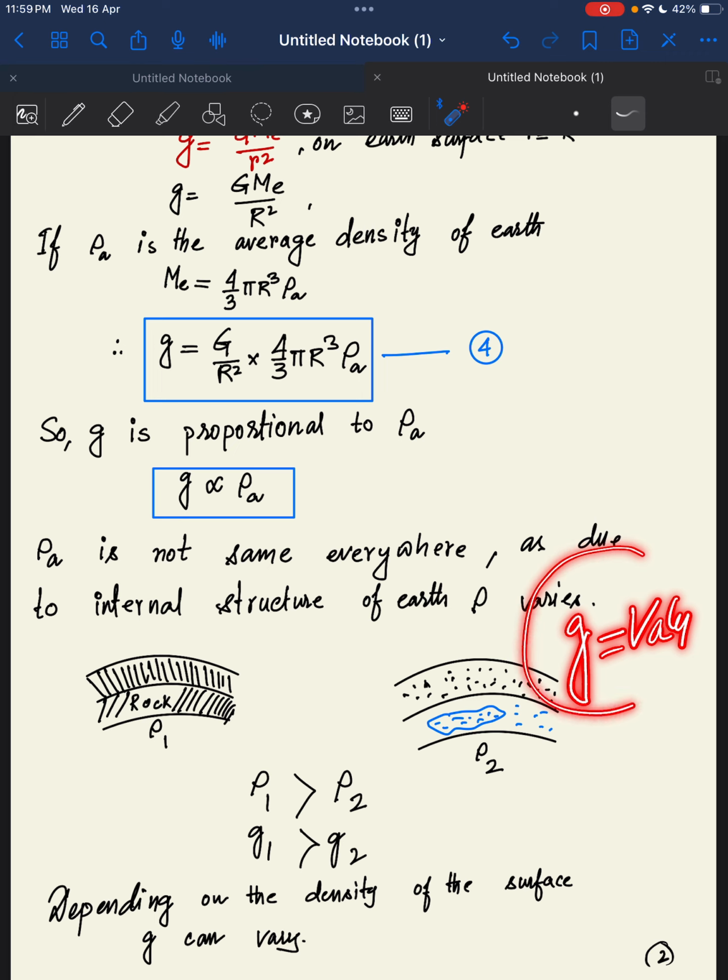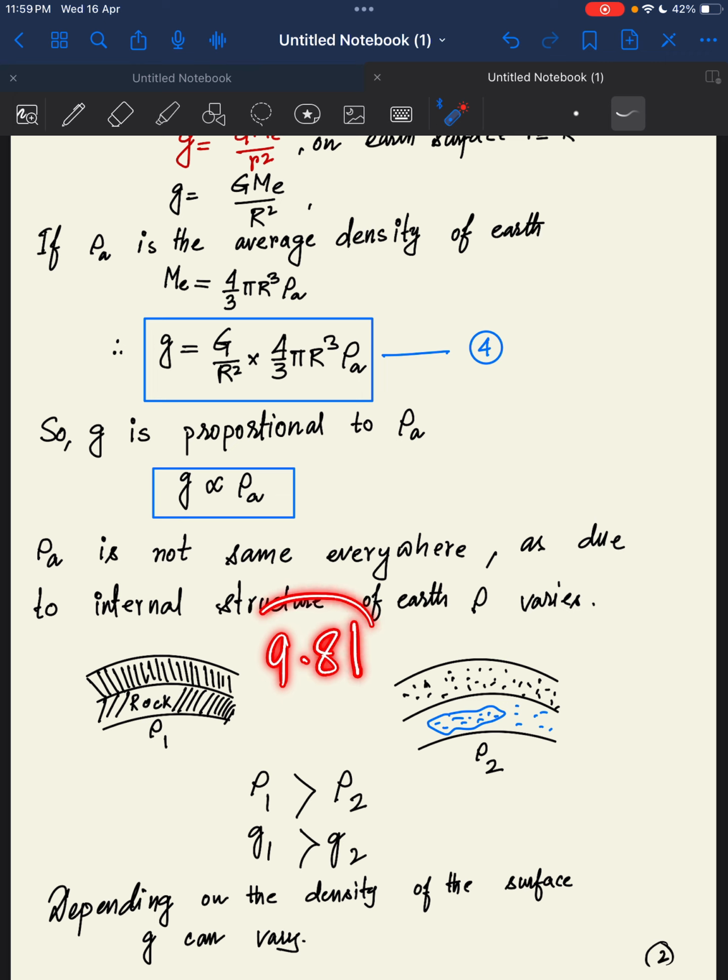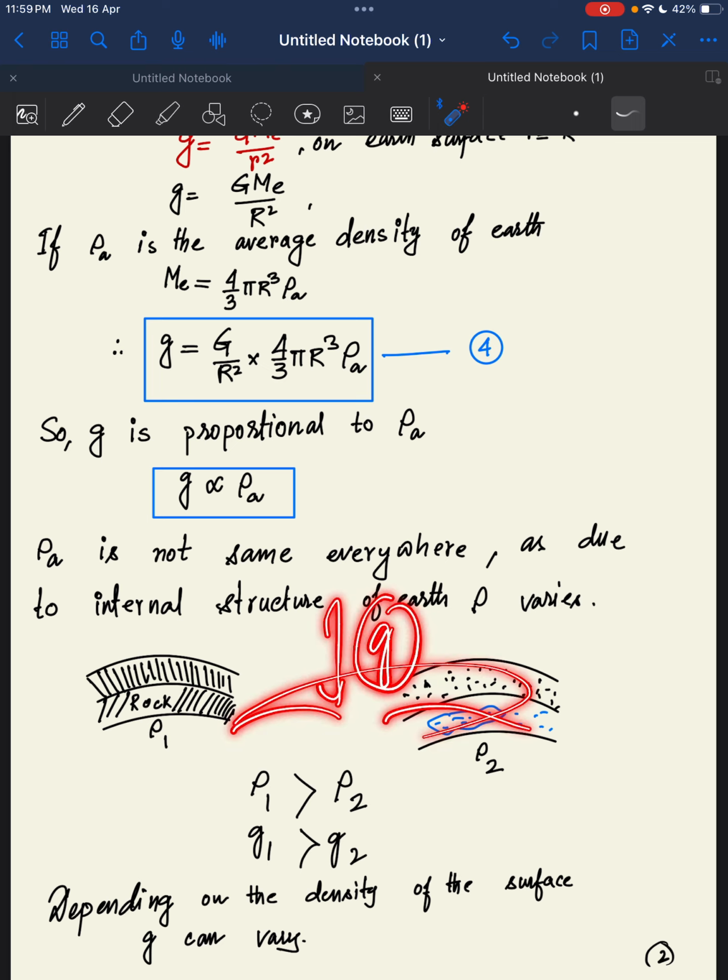If that value of G is lower than the actual value, that is, let's say it is less than 9.81, that means below the earth surface there is some underlying material that could have lower density. Like when metro work is going on, before digging we must do a G survey of that area, so that we can have a rough estimation of the materials below the earth crust surface. So this was the main interest to find G.